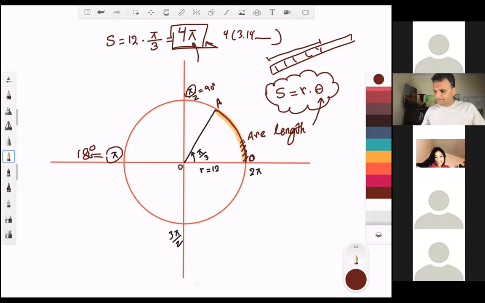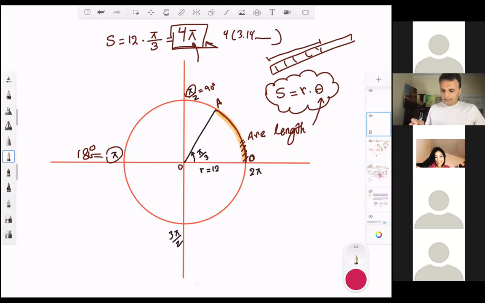Any question? No question. This is super good. So now another example for you guys. R equal to 6 and theta equal to 135 degrees.